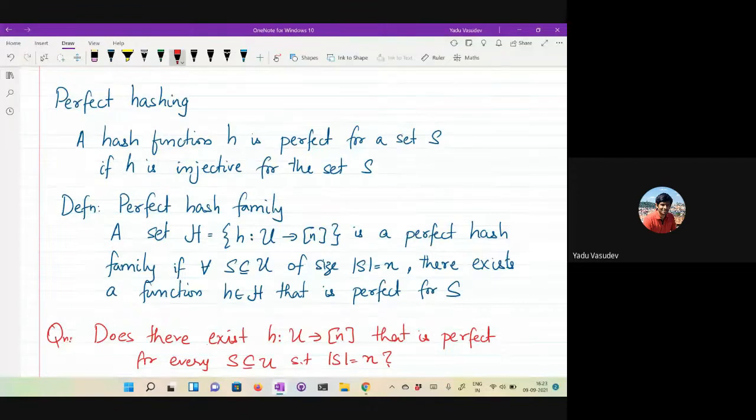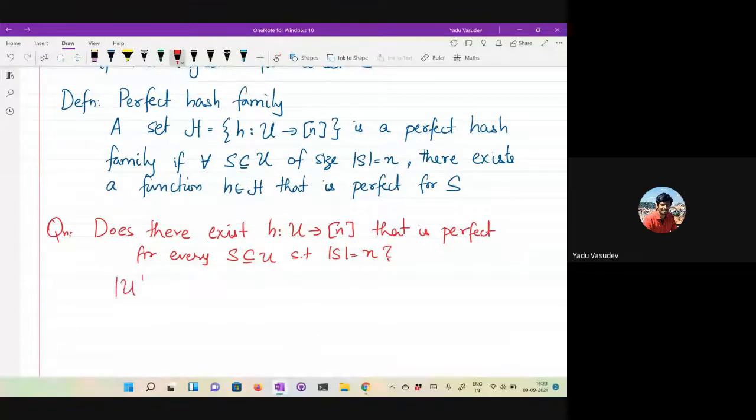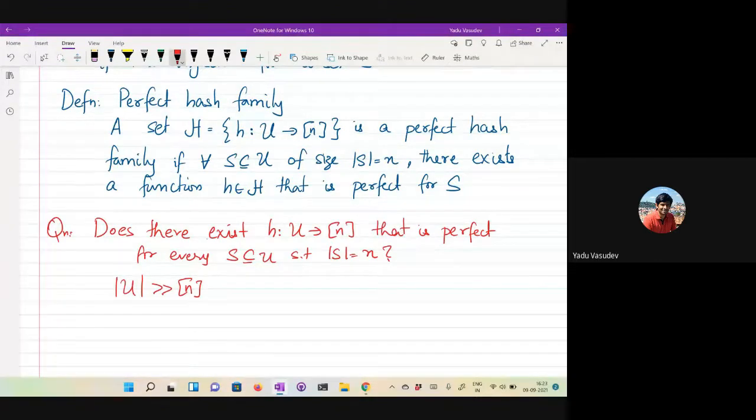Since the cardinality of U is much greater than the cardinality of n, no matter which function you take, there will always be a collision, so you cannot have one such function. What you want is a collection of functions such that for every set of size n, there exists at least one perfect hash function within that family.